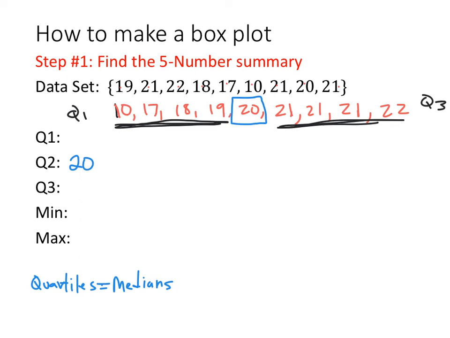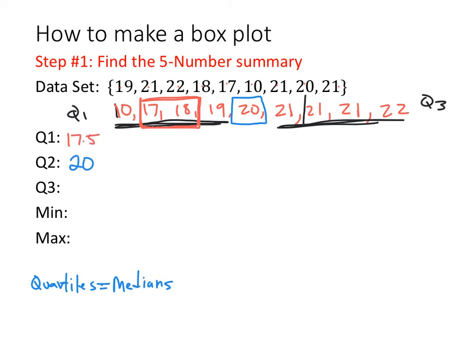Now the idea behind this is I need to find the median of either the upper half or the lower half. And I'm not going to include 20 in any of that. So what I'm going to look at is the middle of those middles. And so we have 17 and 18. Q1 is the mean of those. Whenever we find the median and we have two numbers, we go right in between them, or we find the mean of it, which is 17.5.